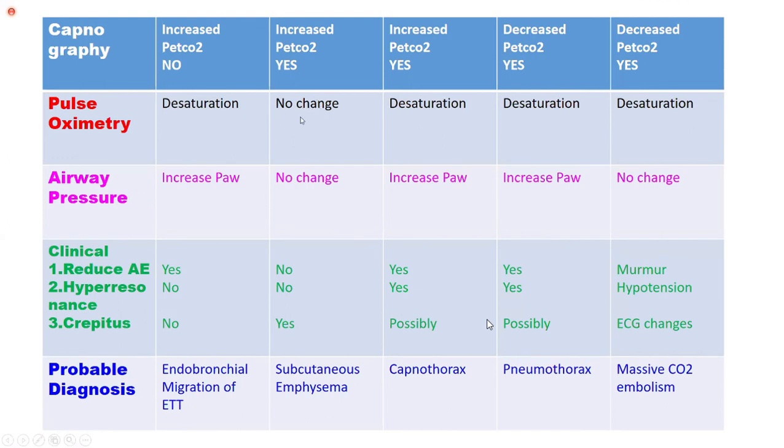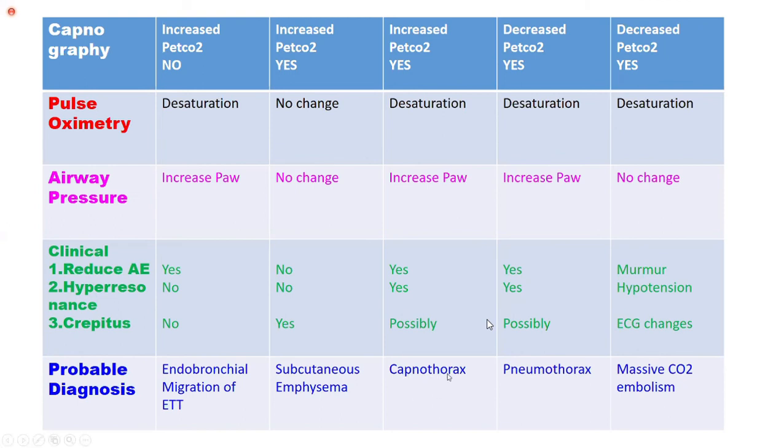There may not be any desaturation. Airway pressure also may not change, and air entry will be normal. There will be no hyperresonance, but crepitus will be felt. If you press the skin, you will find a bubble-like feeling. So the diagnosis is subcutaneous emphysema.